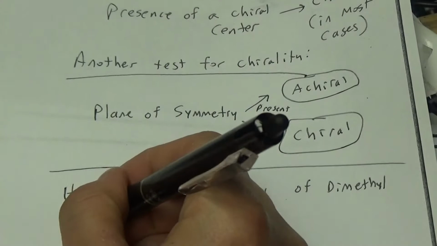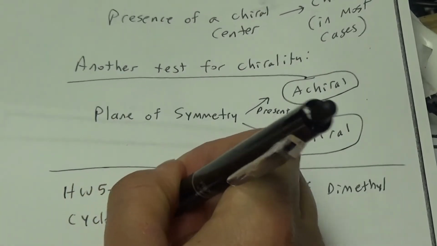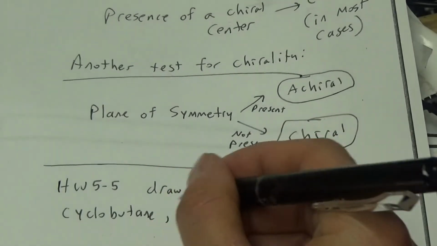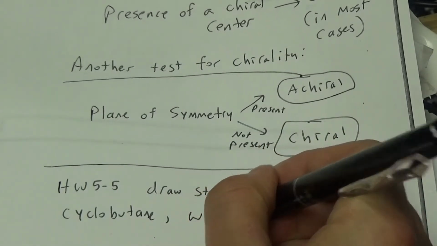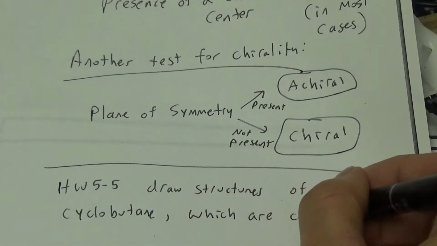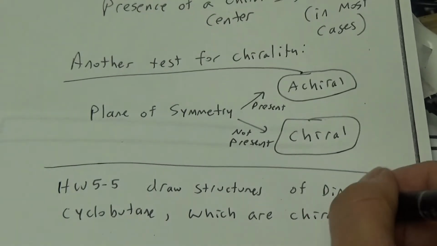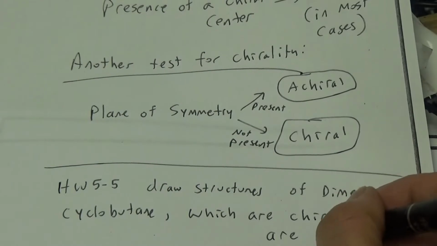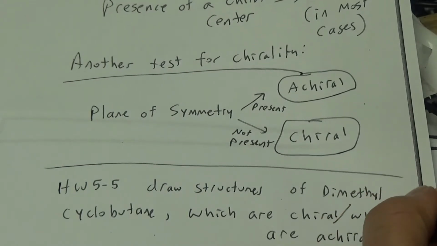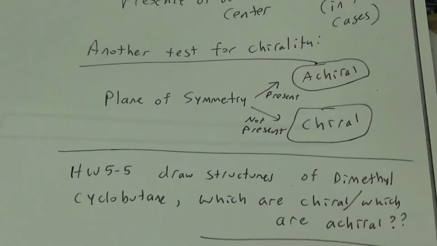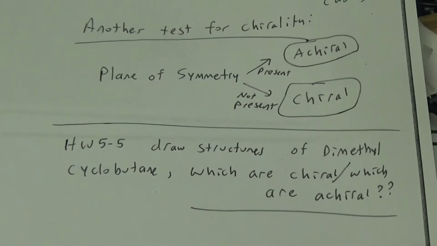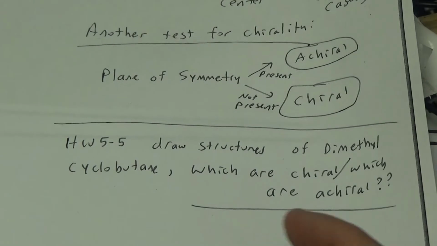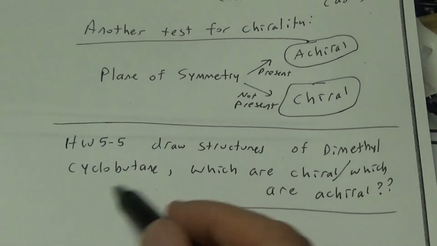So cyclobutane with 2 methyls, and figure out which are chiral, which are achiral. So let's draw some of these. Just cyclobutane with methyls on them.